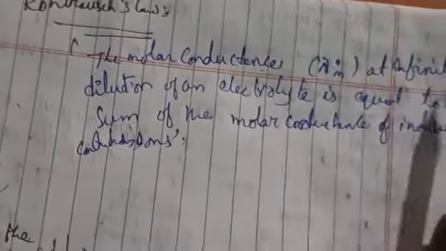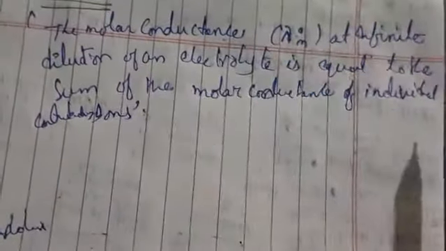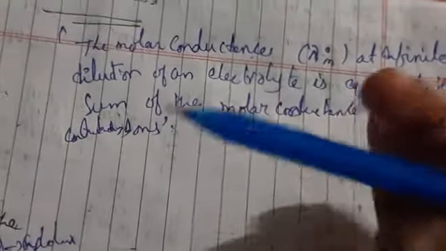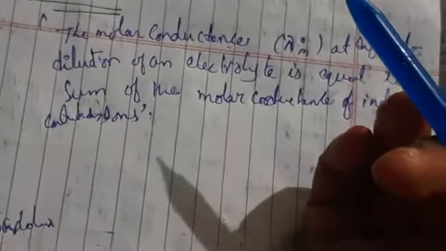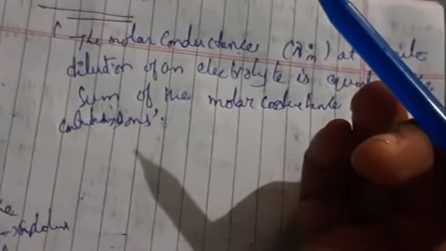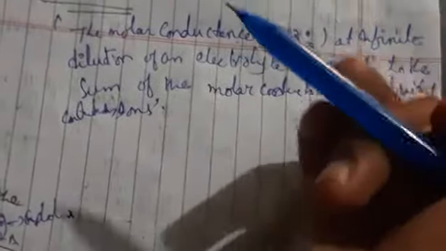So Kohlrausch law is nothing but this: the molar conductance at infinite dilution of an electrolyte is equal to the sum of the molar conductance of individual contributing ions. As I have told you, molar conductance is the conductance of all the ions in the volume of solution of one electrolyte placed between electrodes having unit length and unit area of cross section. This method is not applicable to weak electrolytes directly.